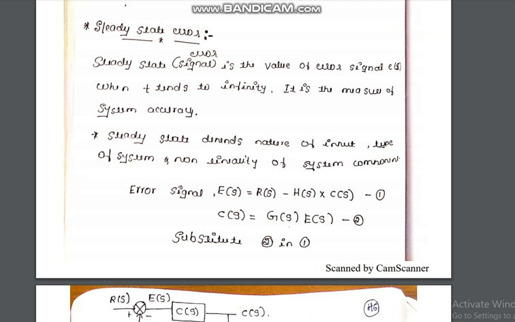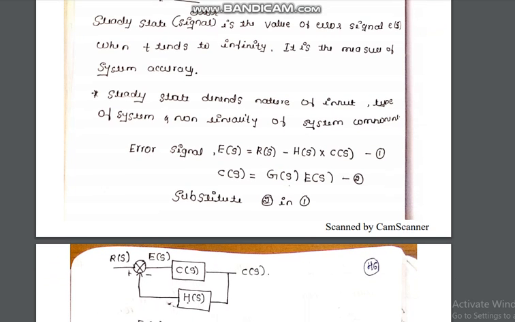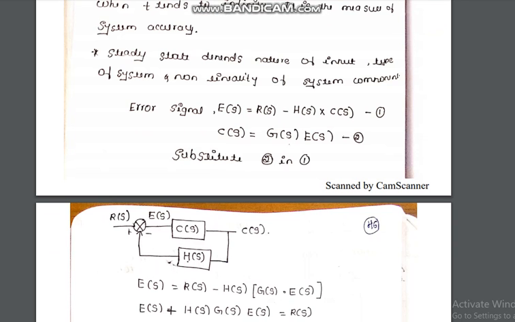For example, the error signal E(s) is equal to R(s) minus H(s) into C(s). Just consider this closed loop transfer function, with G(s) in the forward path and H(s) in the feedback path. It is a negative feedback, and E(s) is the signal after comparison of R(s) and H(s).